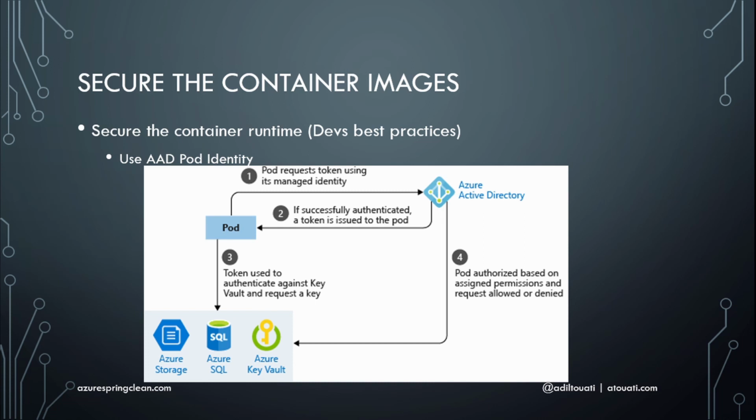This token can be presented to other Azure services that check if the pod is authorized to access the service and perform the required actions. This approach means that no secrets are required for database connection strings, for example.